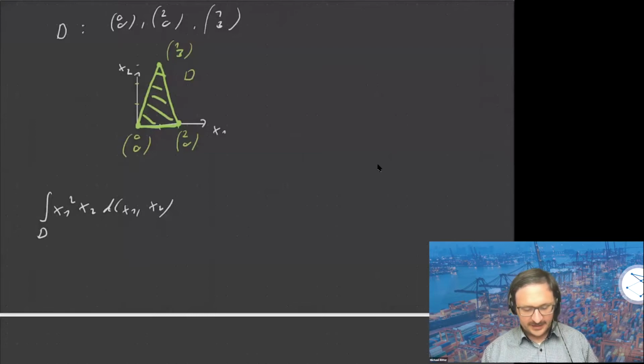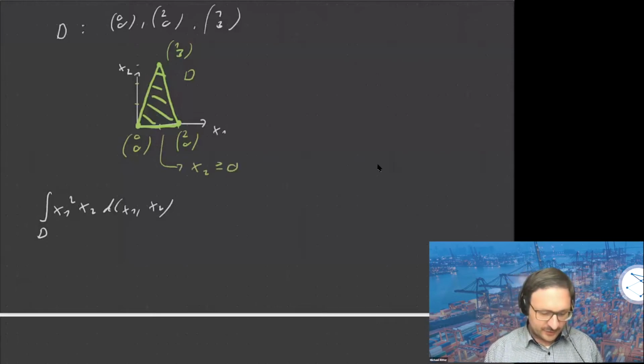There are basically 3 inequalities that determine this set here. So the first one, this boundary line here, that is easy. That's just the inequality x2 is greater or equal to 0. Then we have those 2 other lines here, this one and, sorry, this one.